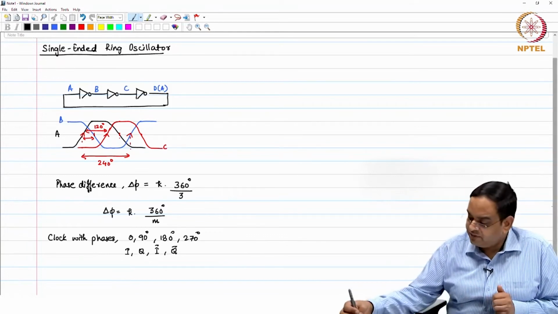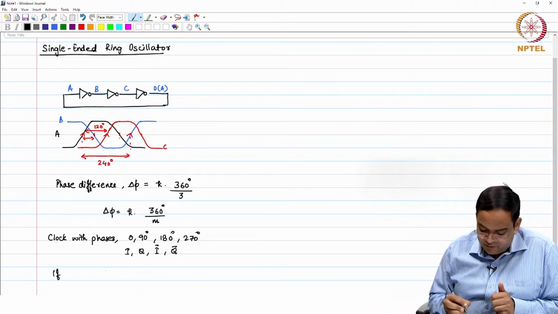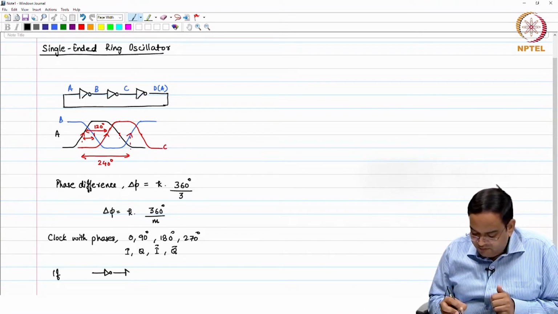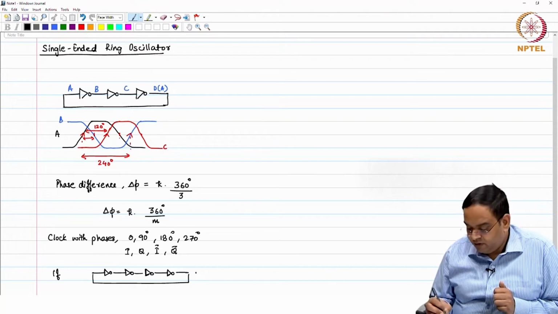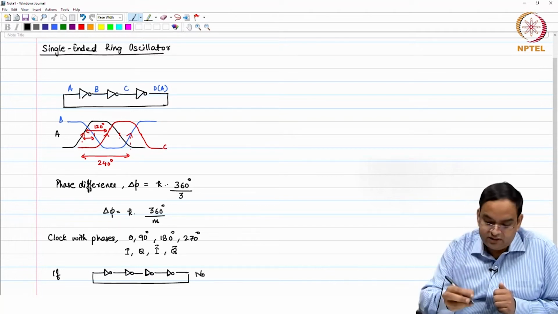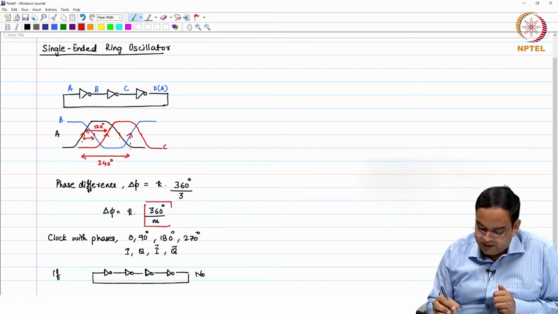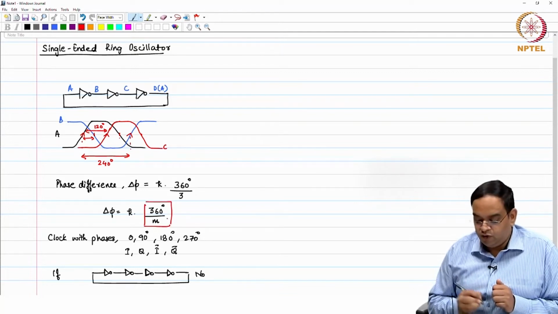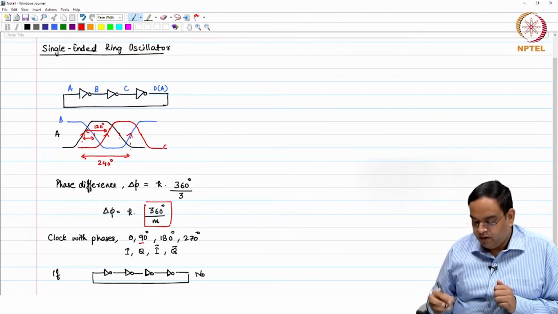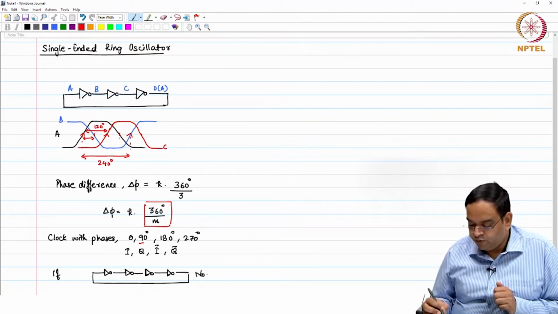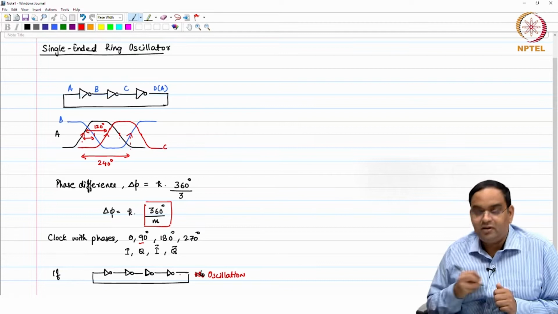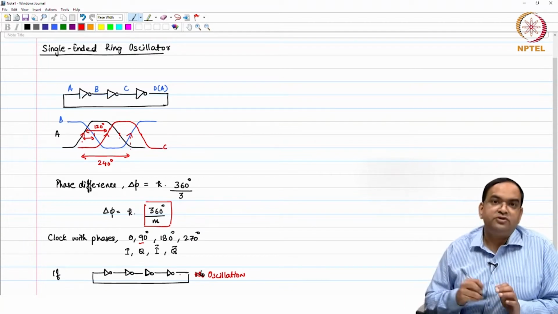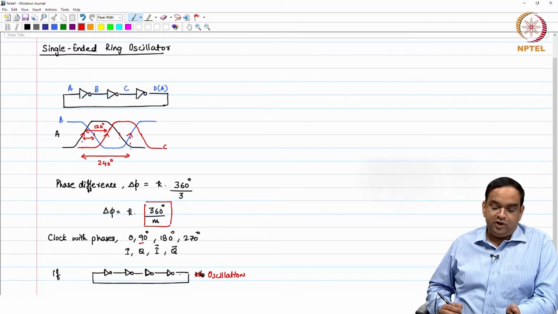But there is one thing which we have seen earlier, that if we employ an even number of inverters in the ring, then there will be no oscillations. If I choose m equal to 4, then I will get 90 degree as desired, but when I connect n equal to 4, there are no oscillations at all. It is going to saturate to values VDD and ground for this case.